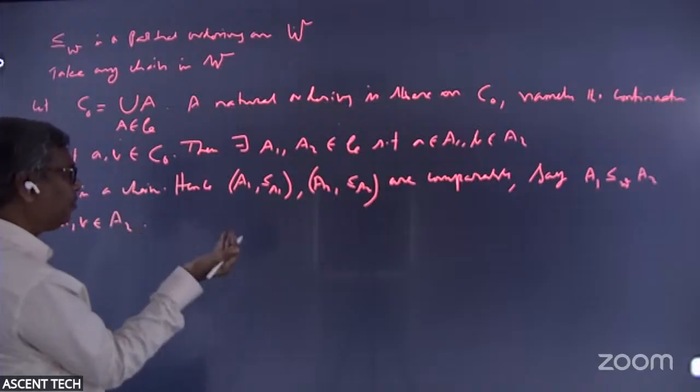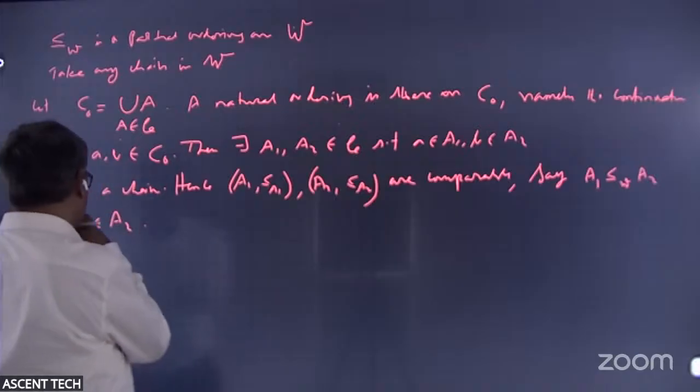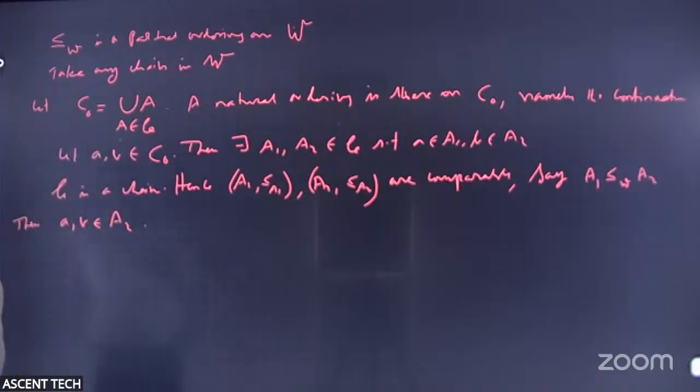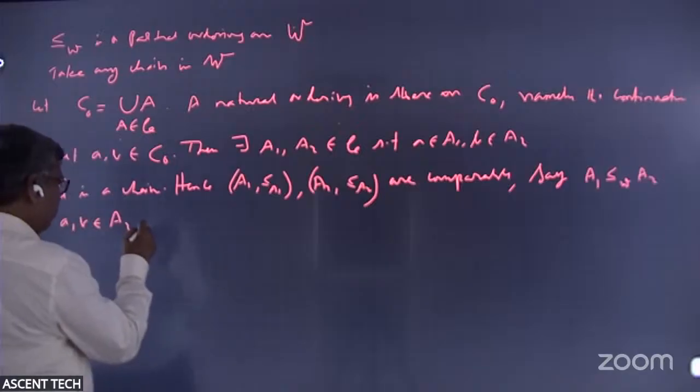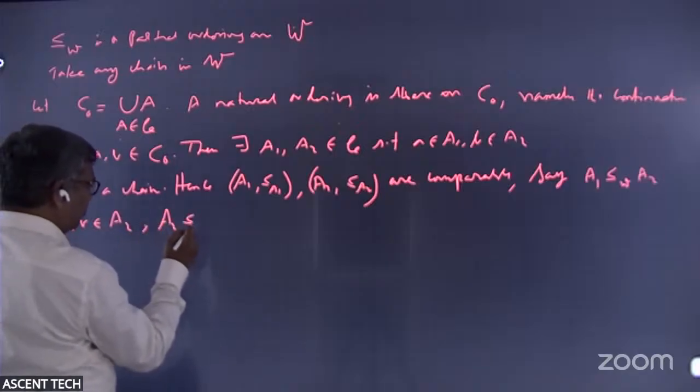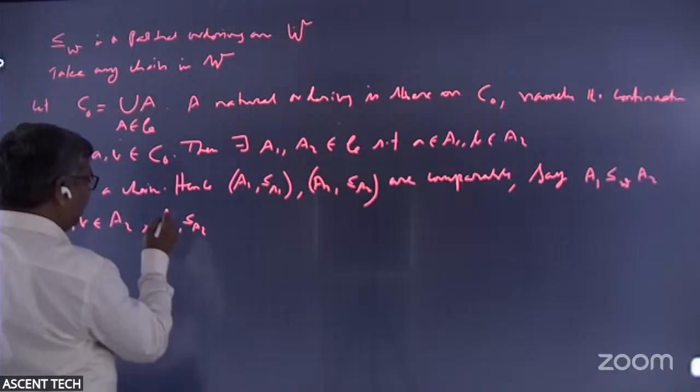a is in A1, b is in A2. So already A2 with its ordering is a well-ordered set.